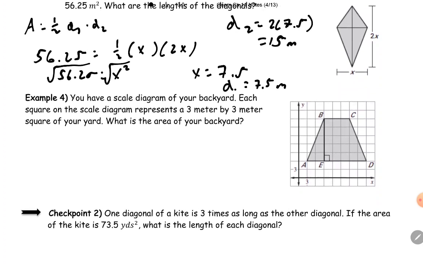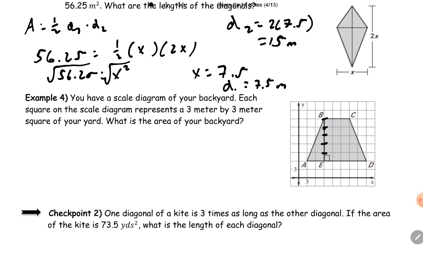Example 4, you have a scale diagram of your backyard. Each square on the scale diagram represents a 3 meter by 3 meter square in your yard. What is the area of your backyard? Each of these tick marks represents 3.